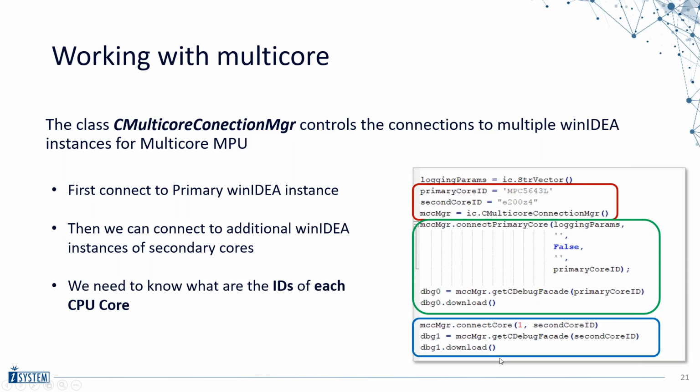So we have complete control over what is running on the first main CPU core and what is running on those secondary CPU cores. Okay, and we made the connection with the use of the multi-core connection manager.